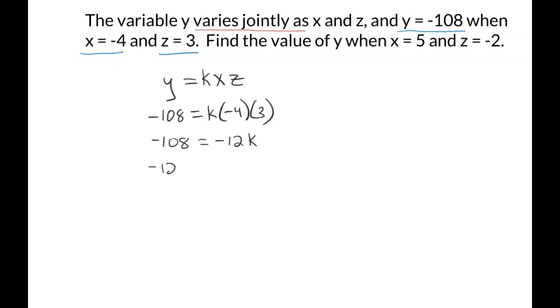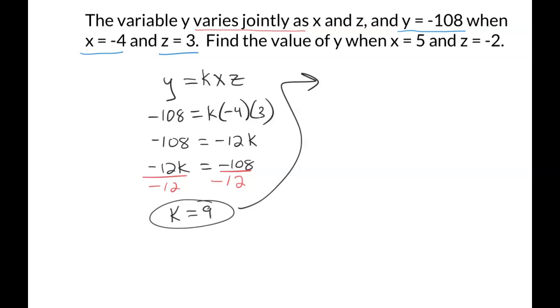So I'm just going to flip those sides so that the k term is on the left, and then I'm going to divide both sides by negative 12. And I end up with k equals a positive 9. That means my equation is y equals 9xz.